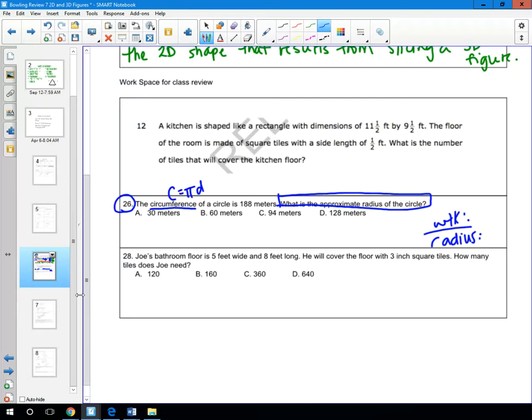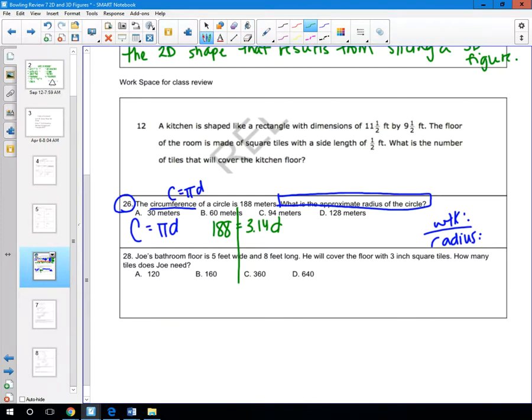Okay, so it tells me the circumference, so we said our formula was C equals pi times diameter, and C is 188. So in your formula, C equals pi times D, what part of that stands for circumference? The C. So we're going to put 188 where the C is. So 188 equals, we know pi is approximately 3.14, times diameter. Now, this is an equation, so we can work backwards to solve.